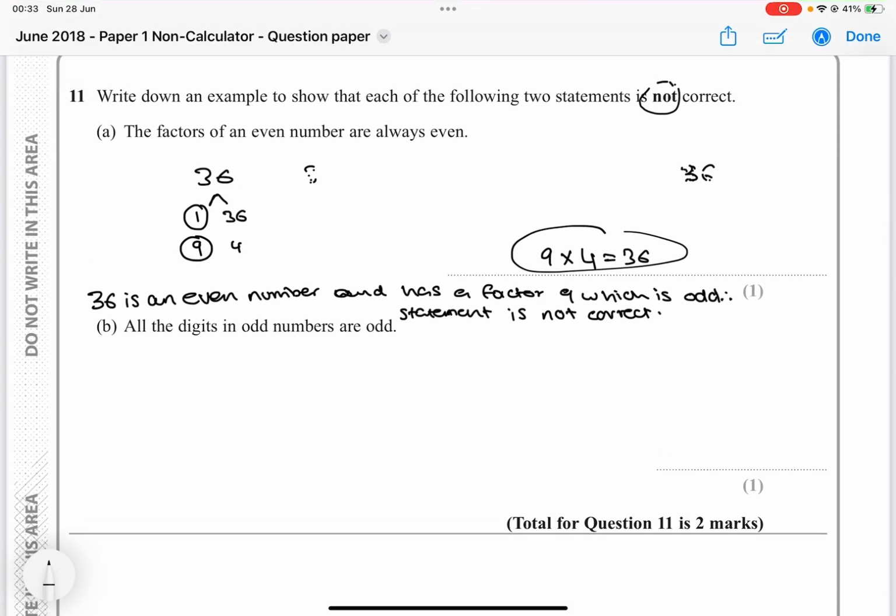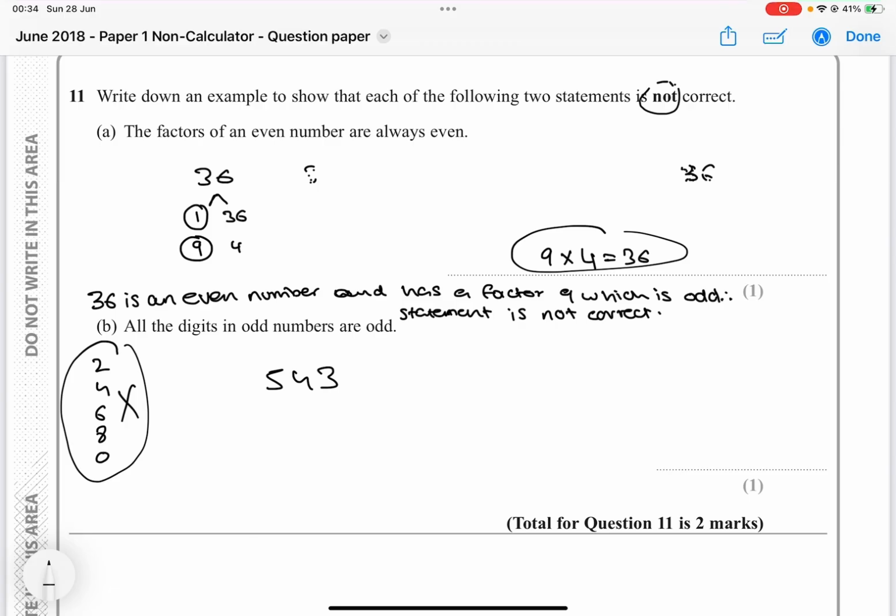Part B, all the digits in odd numbers are odd. Okay, so this is quite easy. Remember, an odd number is just a number that does not end in 2, 4, 6, 8, or 0. So just think of any number that does not end in this. So 543.